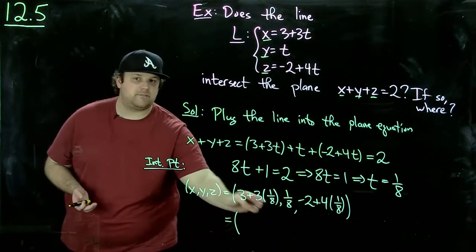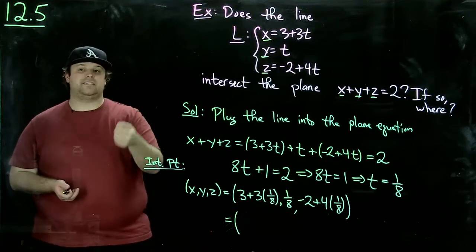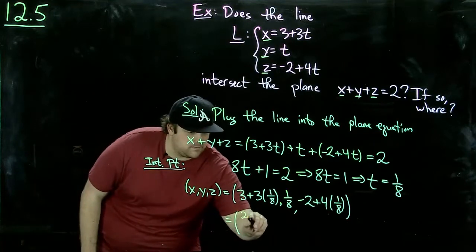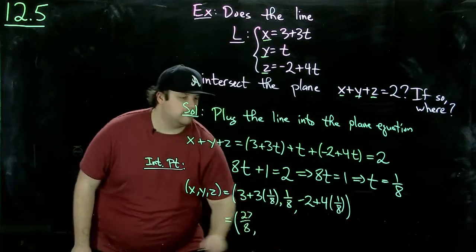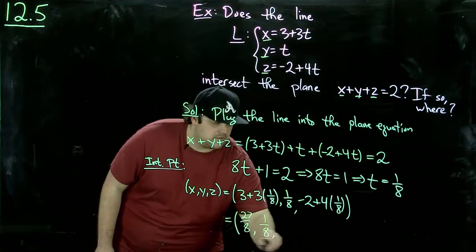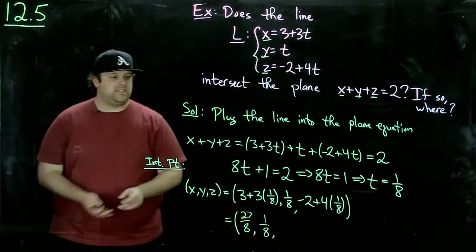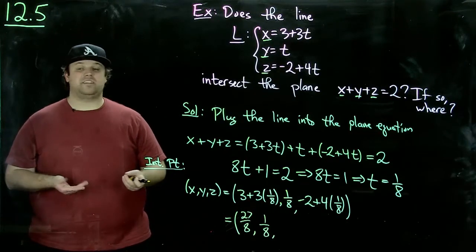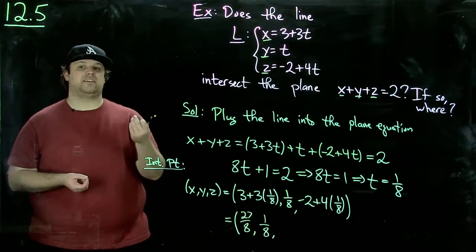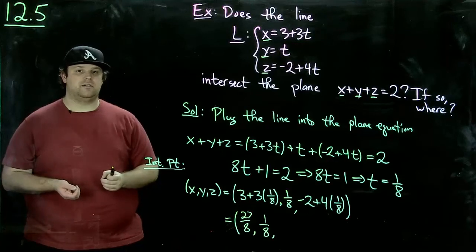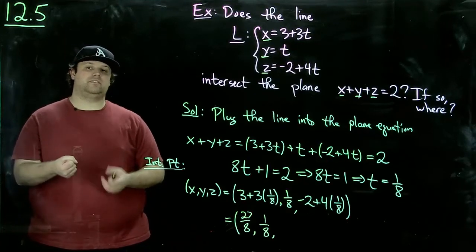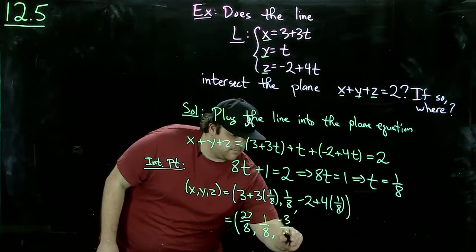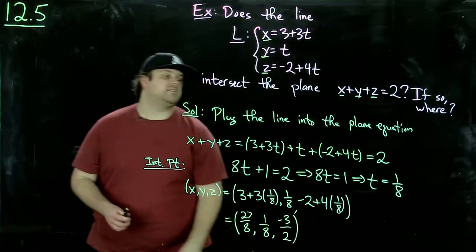So this bit is 3/8, and 3 is equal to 24 over 8, so we have 27 over 8. 1/8 stays the same. And then 4 times 1/8 is conveniently 1/2. If we take 1/2 and subtract 2, that's the same as taking 1/2 and subtracting 4/2, so we get -3/2.